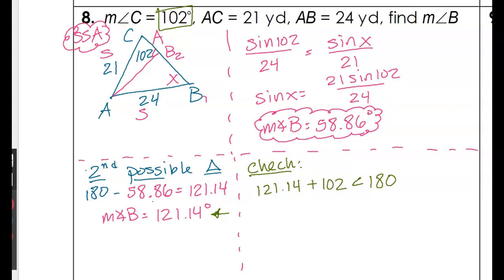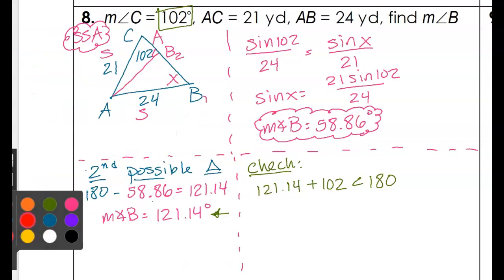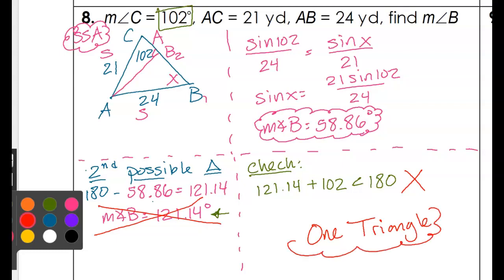It's going to be 223 point something, 0.14, which is way over 180. It is not a possible value. It is not an angle measure. So instead, this is only one triangle. The only possible B value is the one that we originally found, 58.86.